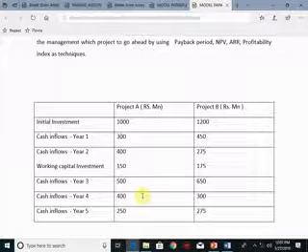Then you end up with an NPV of 283, positive. This means if you operate this project up to 5 years, there is a high chance that you end up with a 283 million positive net present value. Calculate project B the same way.